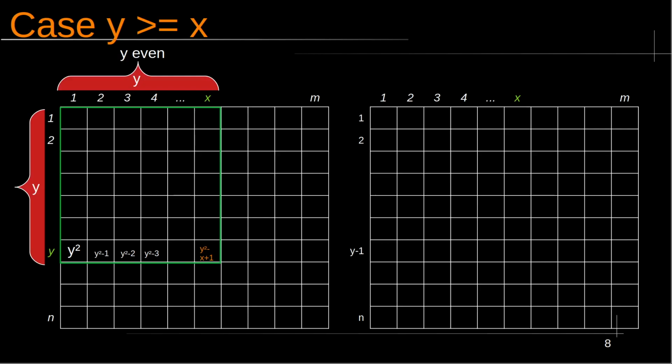Here, if y is odd, we will use the square for y minus 1, the square. Because y is odd, y minus 1 is even. I have this from the first observation.